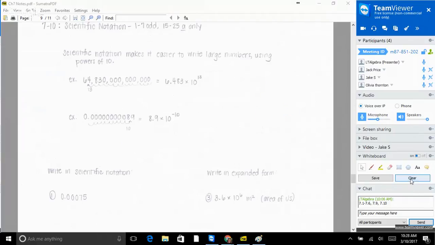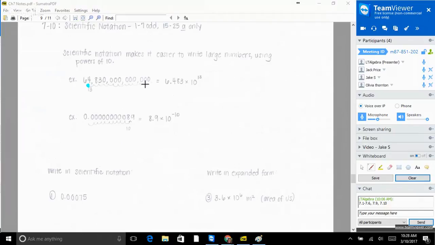So instead of 64 trillion 830 billion, I'm going to look at my number, and right after the first whole number, I'm going to put a decimal point, right between 6 and 4. Then I'm going to count over how many place values I had to move to get to that decimal point.